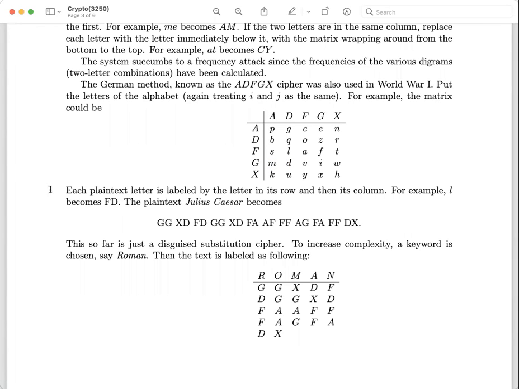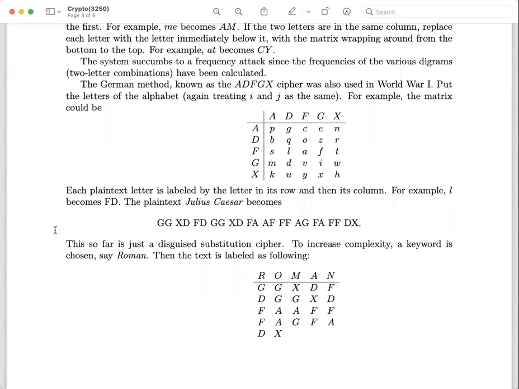And then you would basically take a keyword. In this case, I might as well just work with the code Julius Caesar because that's going to be easiest to look at. So your J, which is an I, is in the G row and G column. Your U is in the X row and D column and so on.